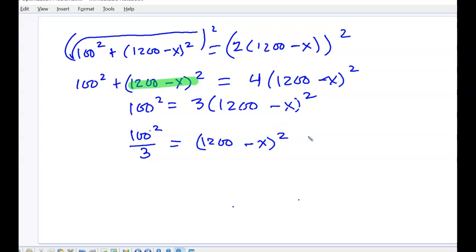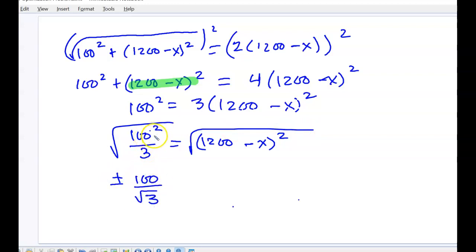Using the square root principle, I am going to square root both sides. So it's going to be plus or minus 100 over root 3, because the square root of 100 squared is 100, and the square root of 3 is root 3, and this is going to equal 1200 minus x. If I isolate x here, I'll add the x over and bring the 100 over root 3 to the other side.